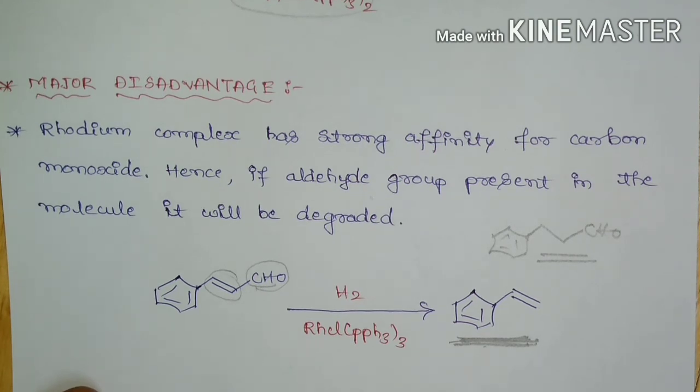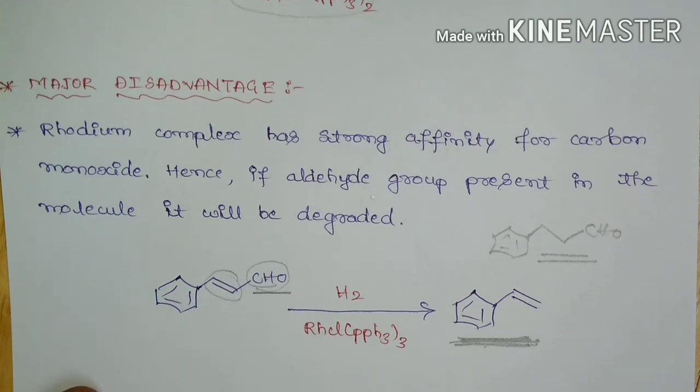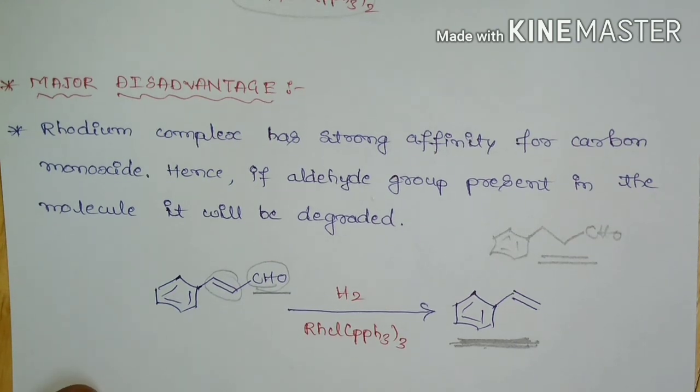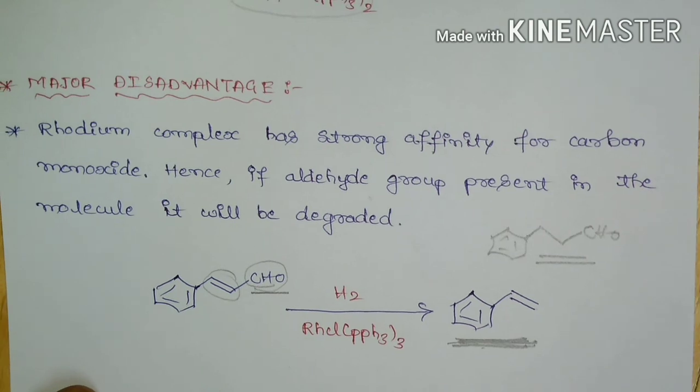So if we want to do a hydrogenation reaction, we need to be very careful that the molecule does not contain an aldehyde group. If the molecule contains an aldehyde group, it will be degraded without hydrogenation. So these are the important aspects of Wilkinson catalyst. Thank you.